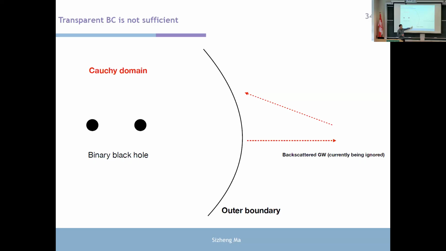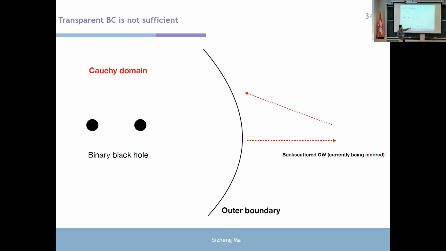Luckily, this backscatter effect decays very quickly with the outer boundary. So in principle, one can put this outer boundary far enough to avoid this problem. But this is really a stopgap solution. It only works for some short simulations, and it makes the simulation unnecessarily expensive.